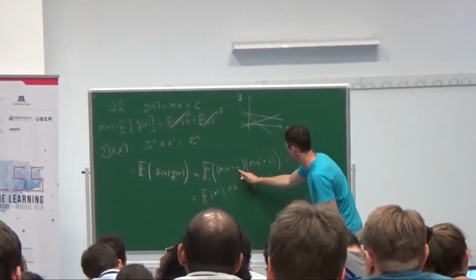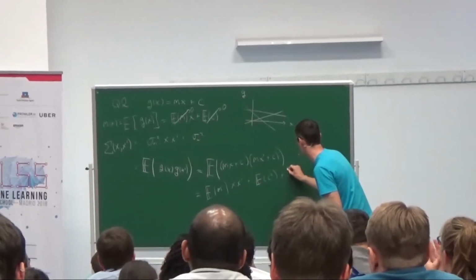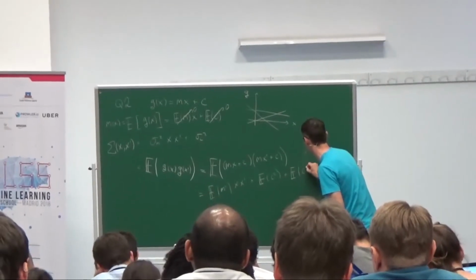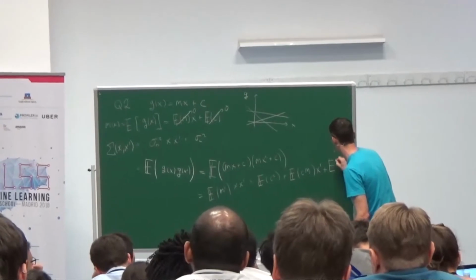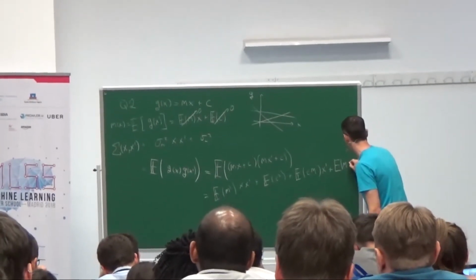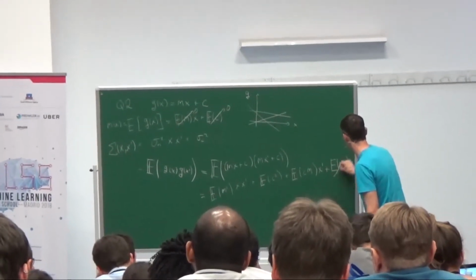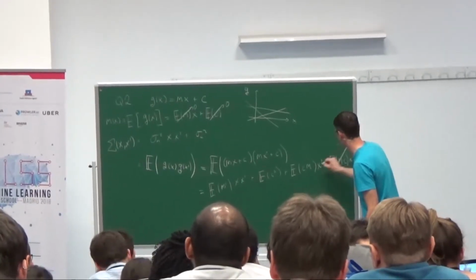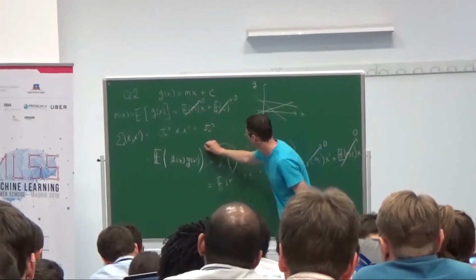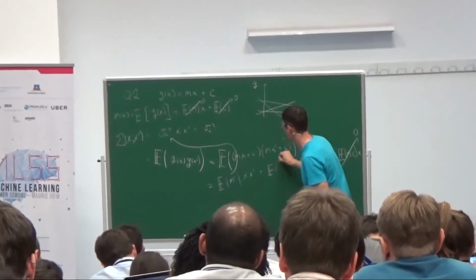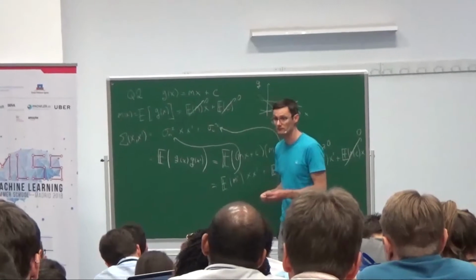And then there's the cross term, c times mx prime. And then the other way around. And these things are again 0 because the two variables are independent. And this thing is this one, and this thing is this one.